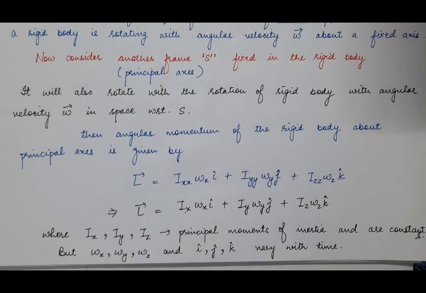And if the direction changes, then i dash, j dash, k dash will change with time. And also, omega vector will change. And if omega vector changes, it means omega x, omega y, omega z, these components, will also vary with time.